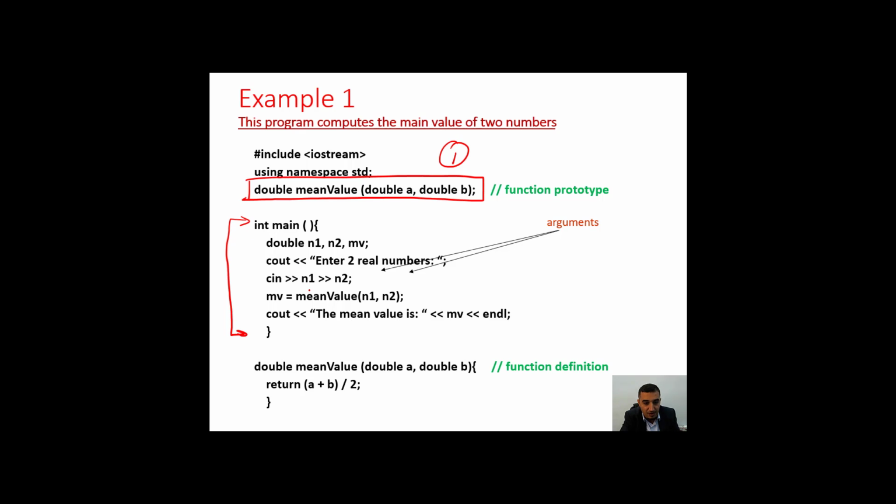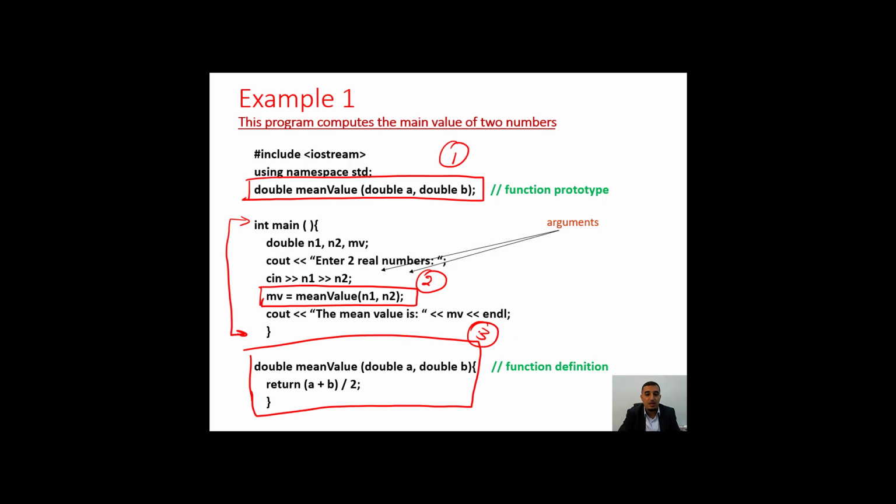Inside the main function, you need to call your function. This is number 2. And then we need to have our function itself. This is number 3.